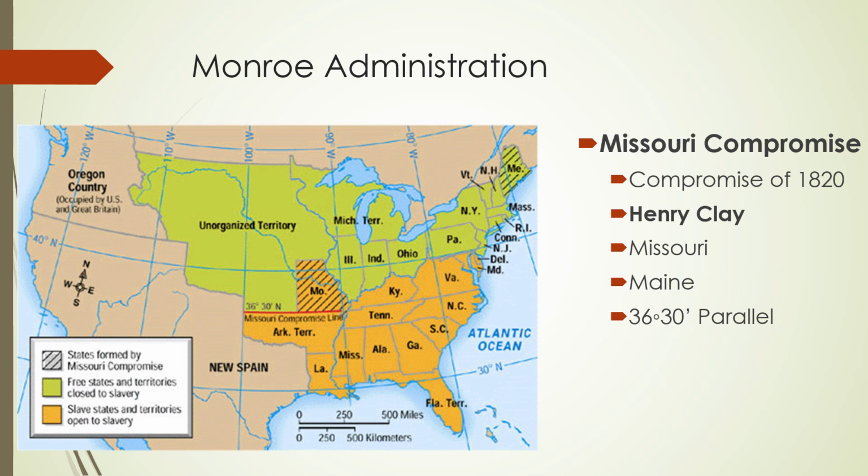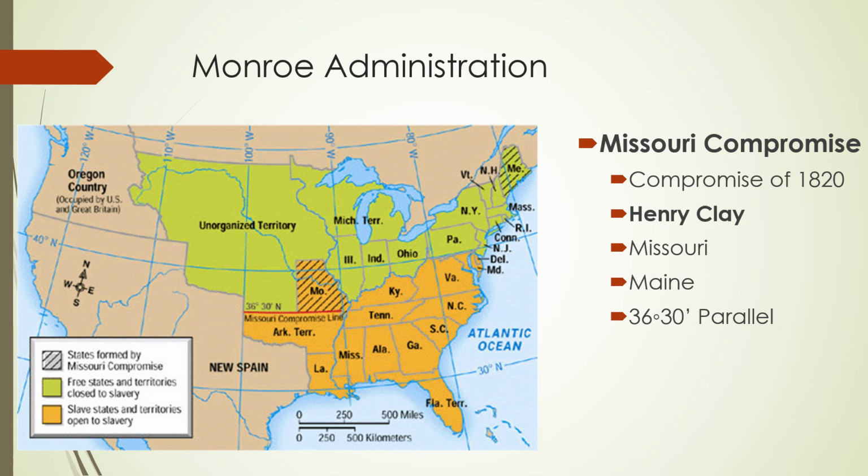But Maine was part of Massachusetts. Massachusetts owned Maine, going all the way back to the colonial period. And so basically the plan is to give the South Missouri, give the North Maine, and then both sides will get a new state with senators and representatives.